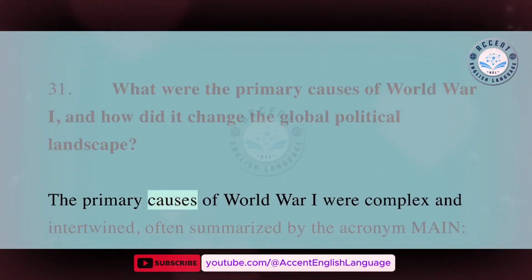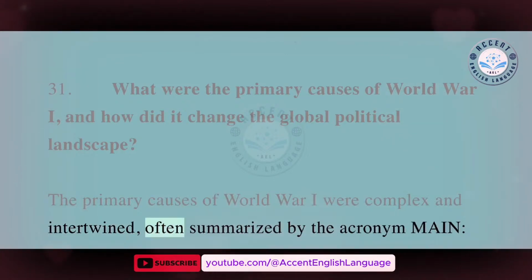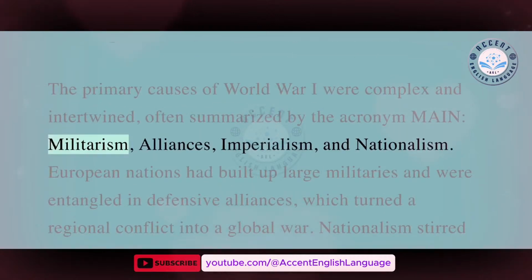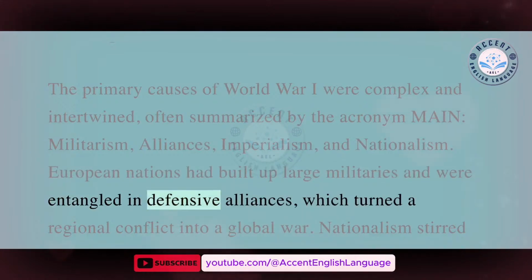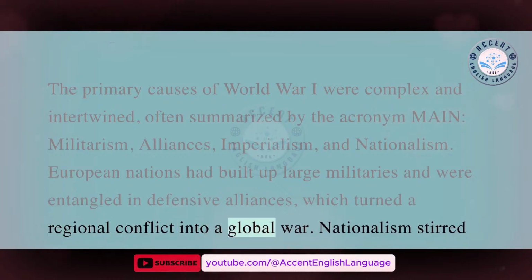The primary causes of World War I were complex and intertwined, often summarized by the acronym MAIN: militarism, alliances, imperialism, and nationalism. European nations had built up large militaries and were entangled in defensive alliances, which turned a regional conflict into a global war.